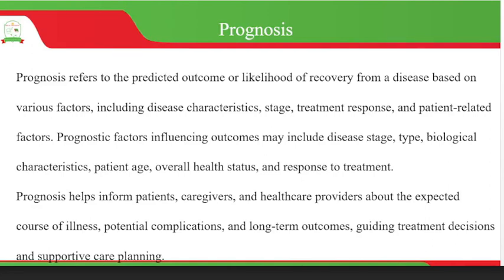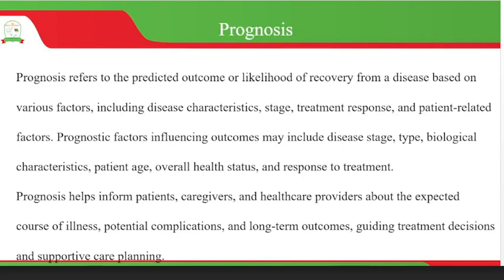So the prognosis here may also be influenced by factors such as the disease stage. For example, someone in stage 2 may not respond the same way as someone who is in stage 1 of the disease.